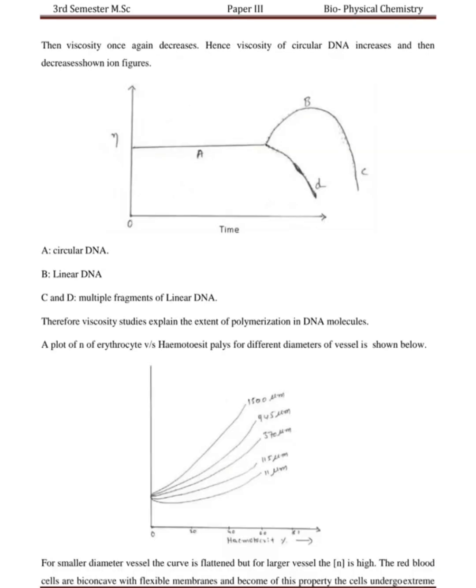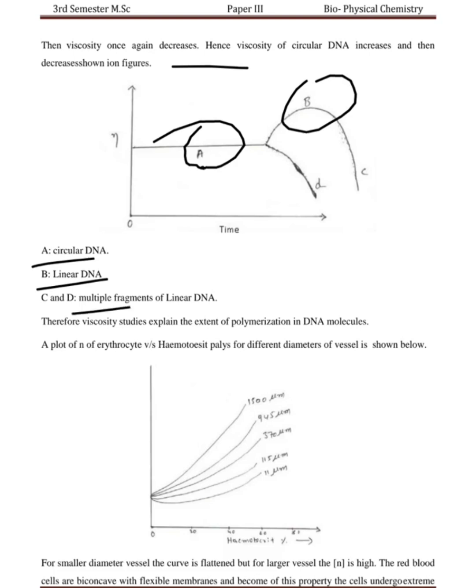So the viscosity of circular DNA increases and decreases in the figure. Here you can see A is represented as circular DNA, B is represented as linear DNA, and C, D are represented as multiple fragments of linear DNA.